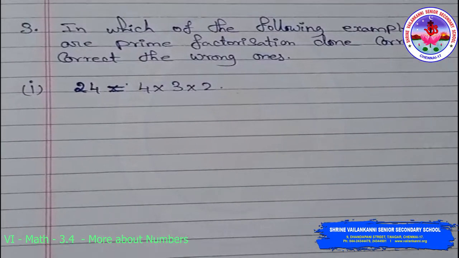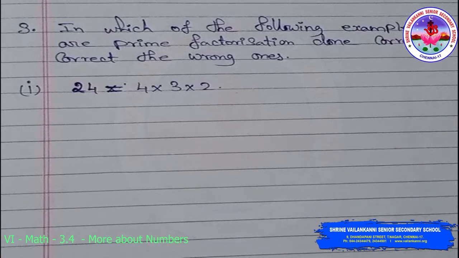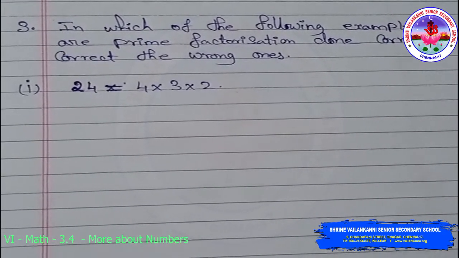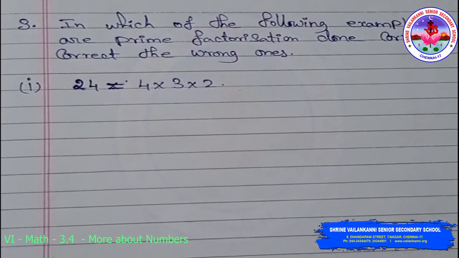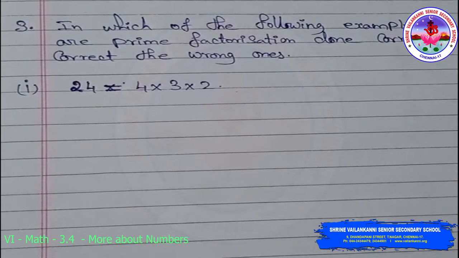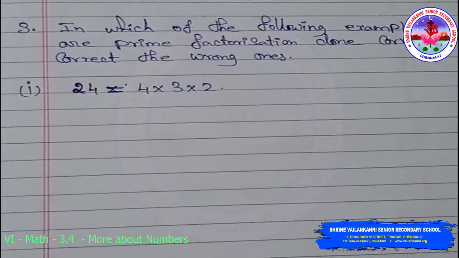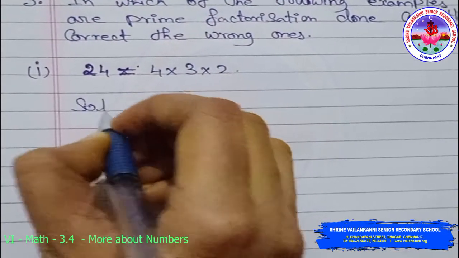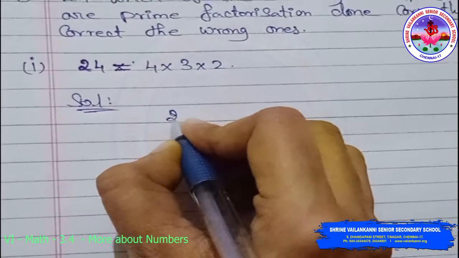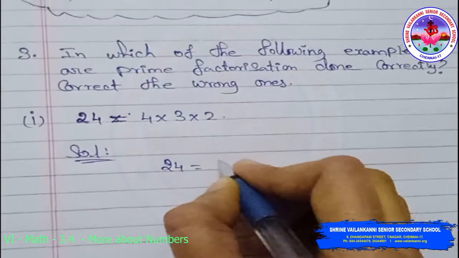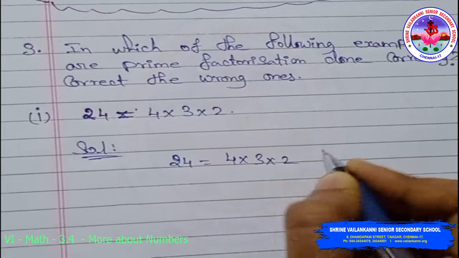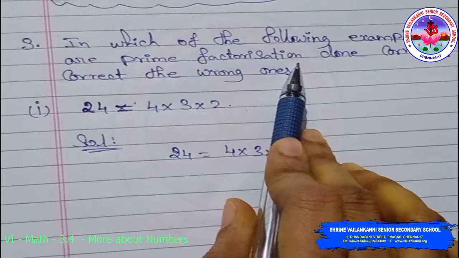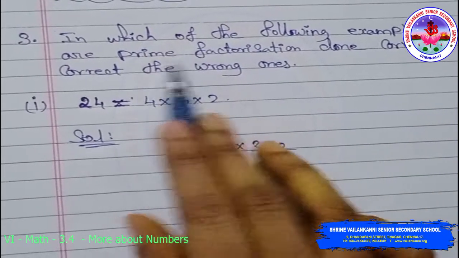Next, third question: in which of the following examples are prime factorizations done correctly? Correct the wrong ones. The first Roman: 24 is equal to 4 into 3 into 2. Solution: the question is, using prime numbers only.